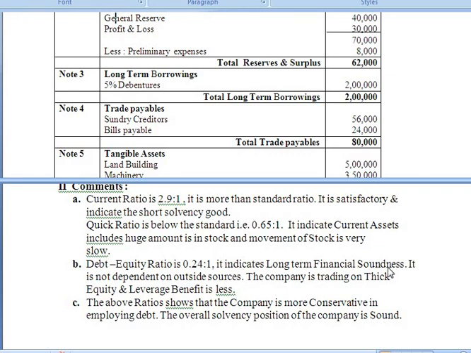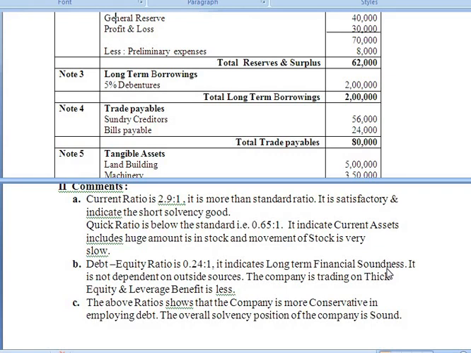The firm's solvency position is sound in the short term as well as the long term. There are sufficient assets to repay the short term obligations as well as long term obligations.